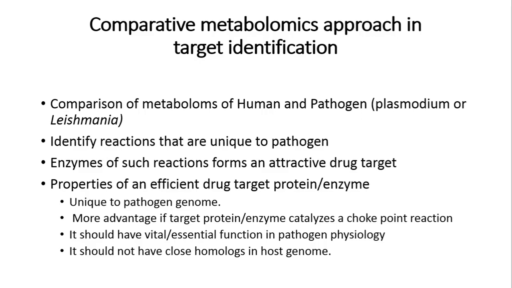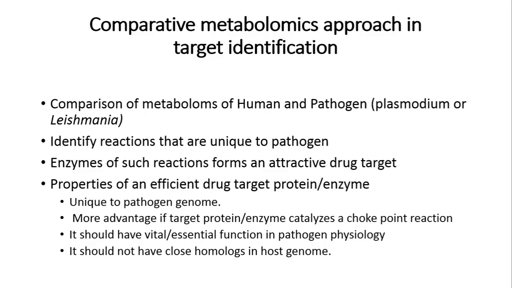Our objective of comparing these two metabolisms is to identify a certain set of reactions that are uniquely present in that pathogen, which are not present in humans. That is the ultimate objective of comparing these two metabolomes. When you compare two metabolomes, you might want to classify the reactions into three major categories.